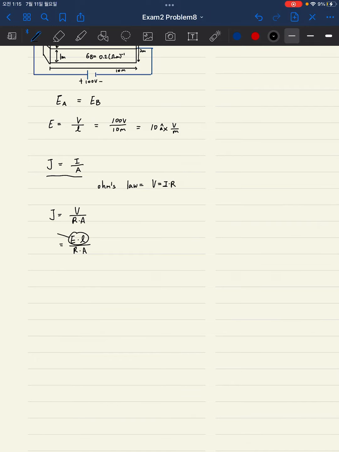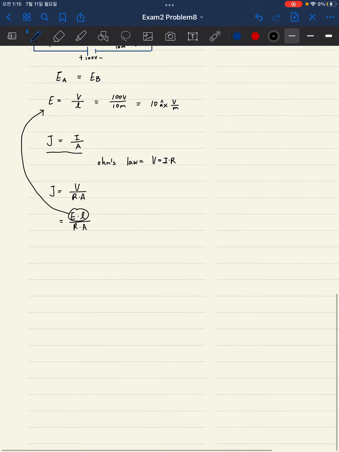So this equation actually comes from this equation. And using R equal to rho L over A, we can conclude that rho is equal to RA over length.